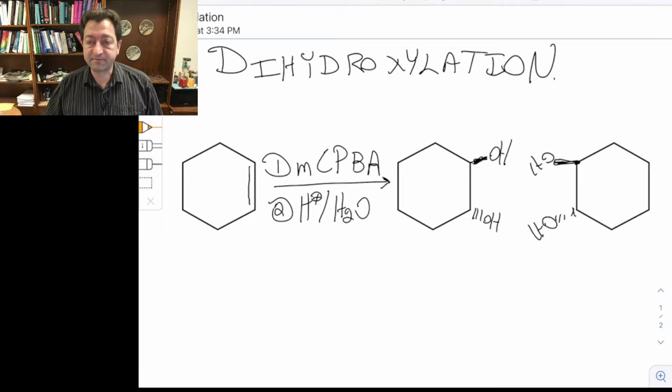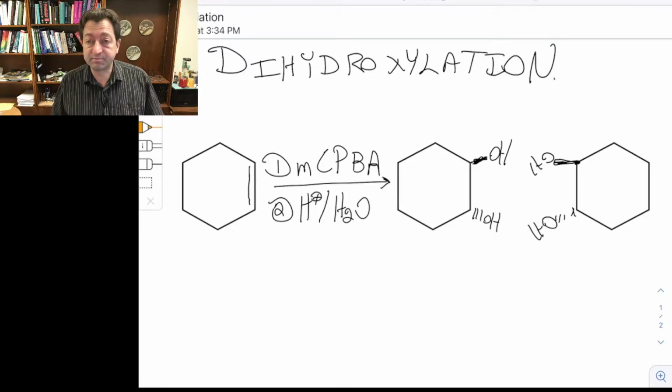And again, that's for reagents treated first, and then second is that product of that reaction is treated with acidic water to yield a dihydroxylation reaction. So again, the 1 and 2 above and below the arrow, as we've seen in previous videos.